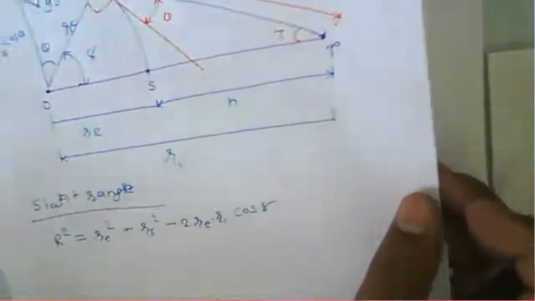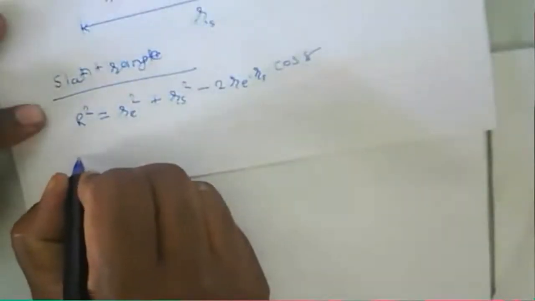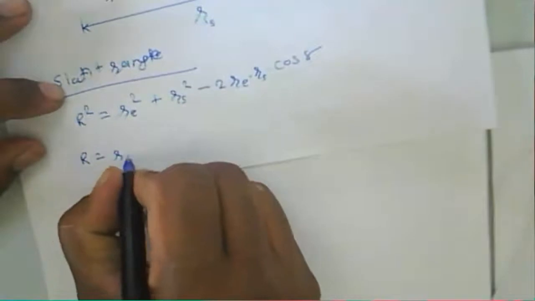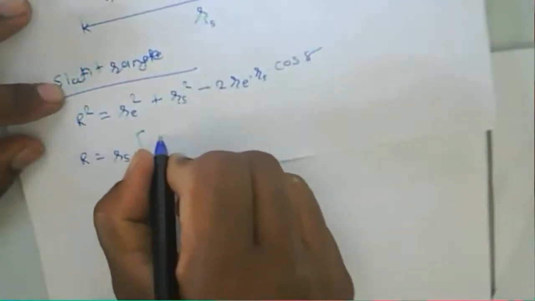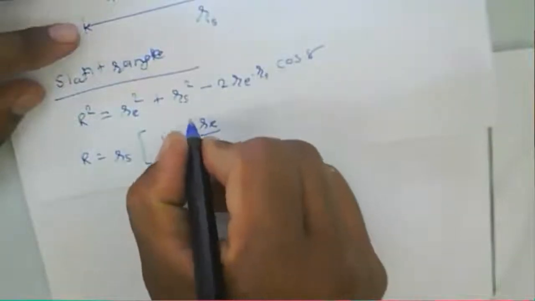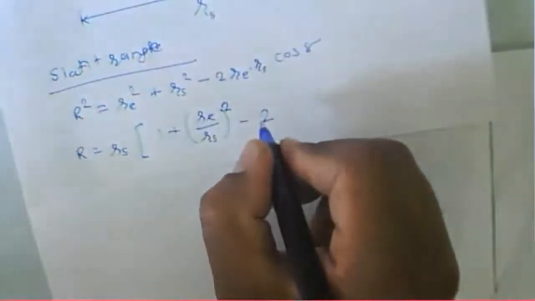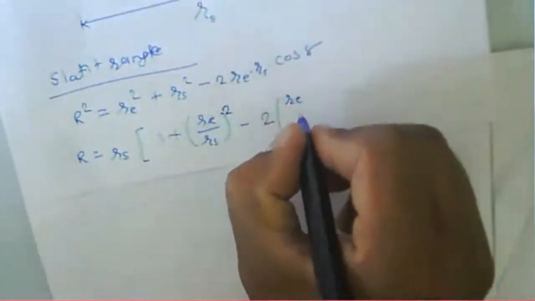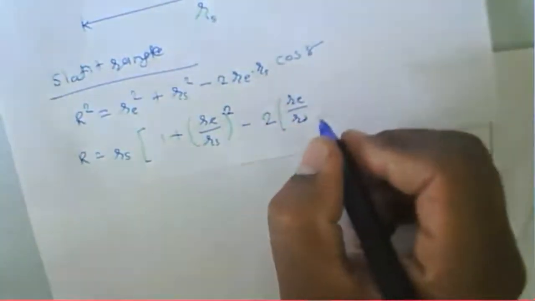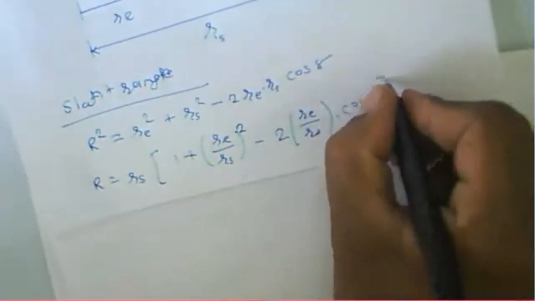And if you further solve it, we can calculate that R becomes RS times the square root of 1 plus (RE by RS) squared minus twice (RE by RS) into cos of the central angle.